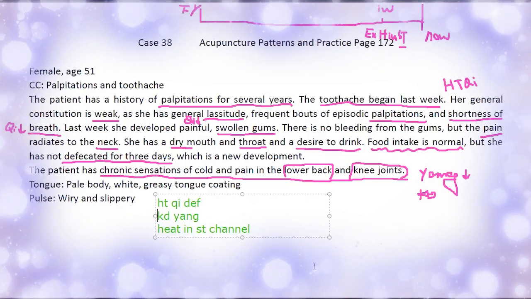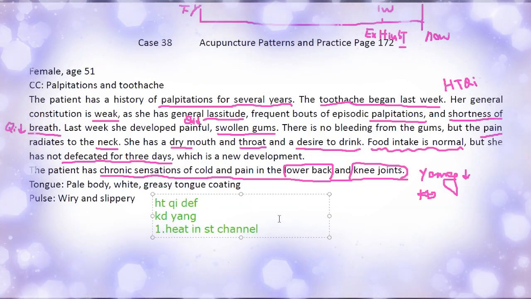I couldn't change the order here, but in the book they put stomach heat rushing up first, and then they talk about heart qi deficiency and kidney yang deficiency.